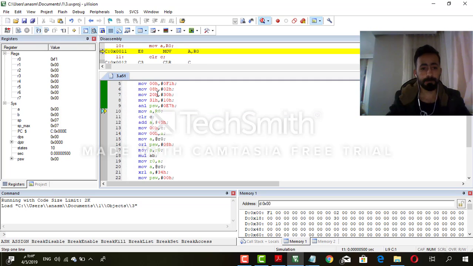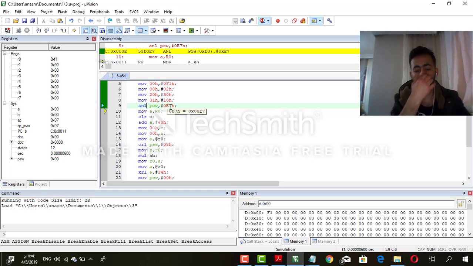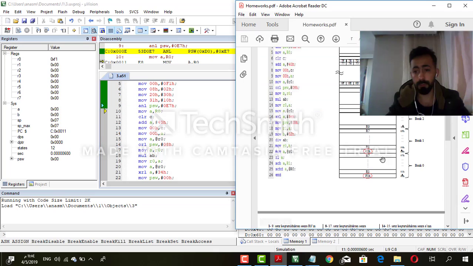Next step here. In this step, we just select the bank. But what is the bank? Here, PSW means program status word. It tells us which bank we will use. As we know, there are four banks: bank 0, bank 1, bank 2, and bank 3, and this will tell us which bank we will use.